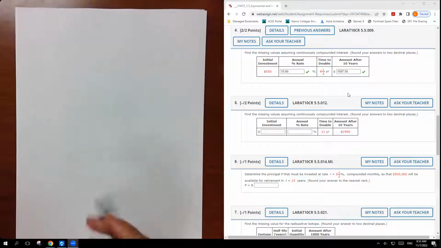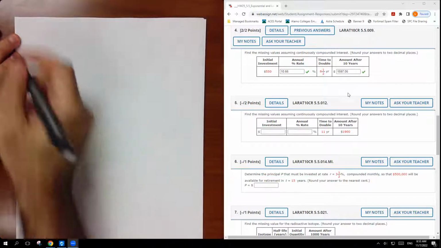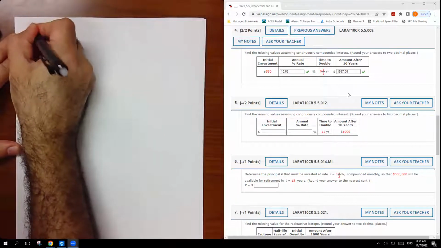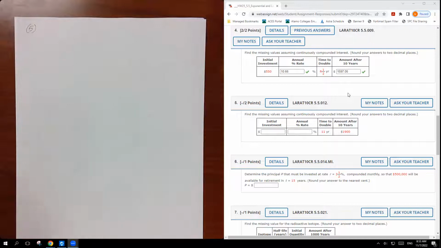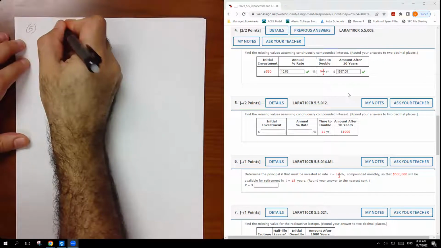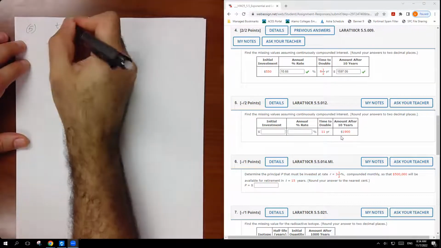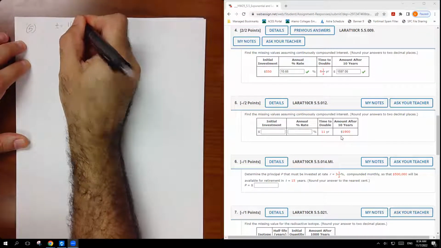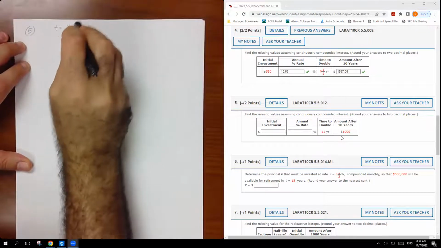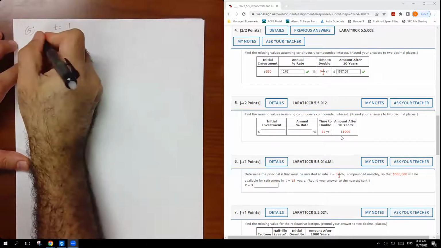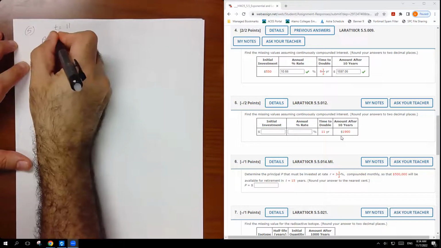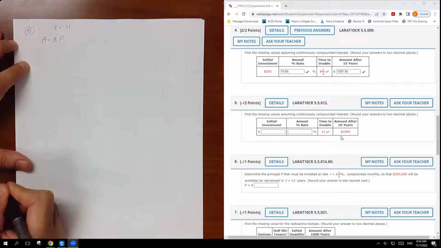For example 5, we have the time to double equal 11 years. But it's telling me the time to double. That means our future amount is going to be double the investment.